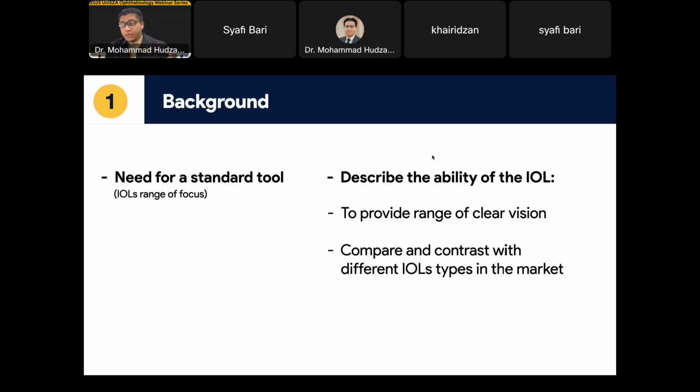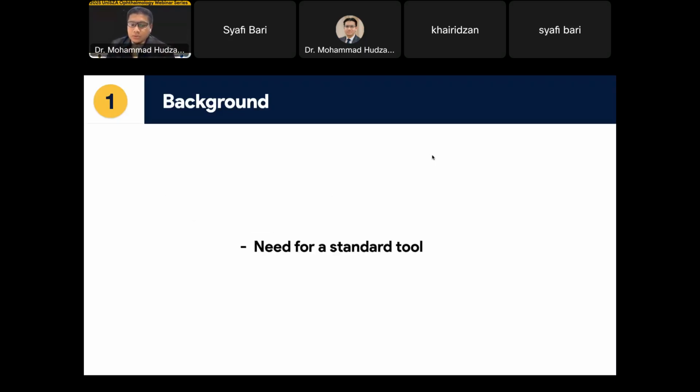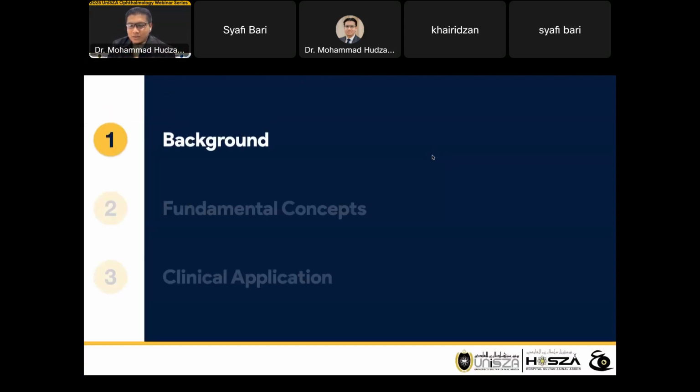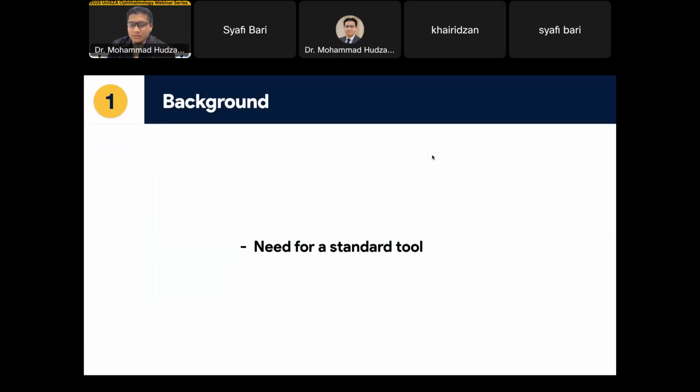With this tool, we can compare each property of the lenses and understand the behavior of the intraocular lens before we implant it in the patient. This tool will differentiate whether this is really a monofocal plus, really an EDOF, really a monofocal lens, really multifocal, or even what some describe as a multifocal EDOF lens.